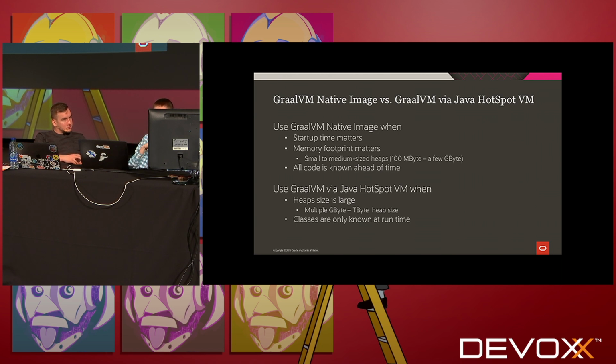What we see when people measure GraalVM JIT mode performance is that, actually this is from the Oracle Cloud Infrastructure team, they had about 10% better peak throughput on one of the core services, but the garbage collection times went down by 25%. We've seen this in several scenarios, where we reduce the average garbage collection times more than we improve the throughput.